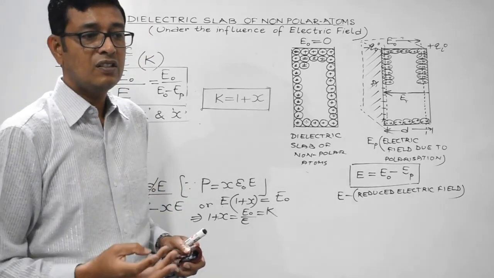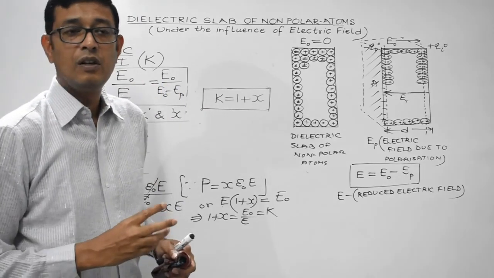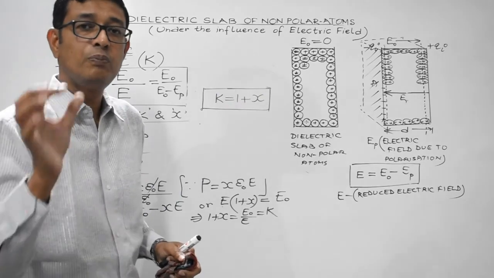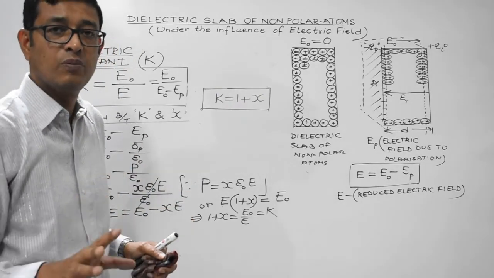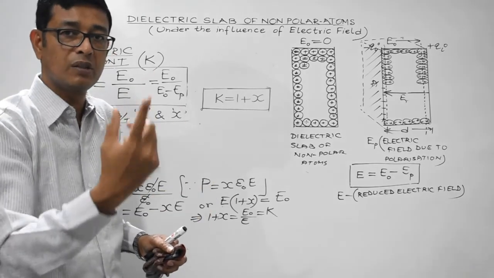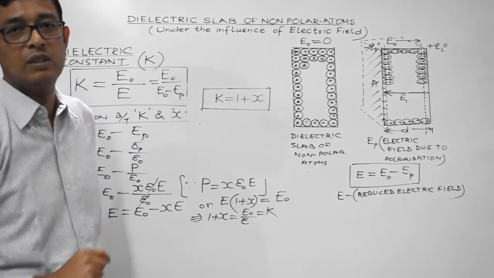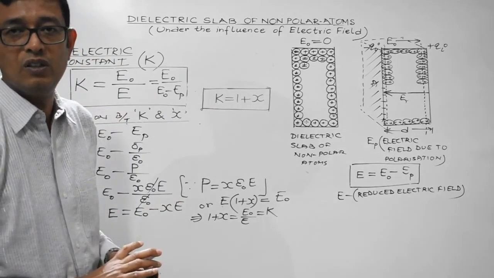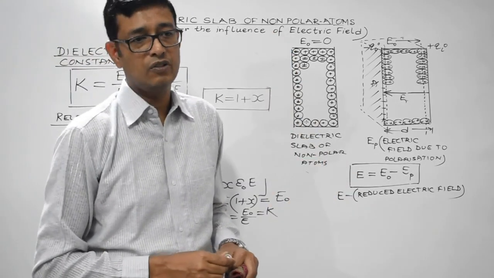Then we discussed electric susceptibility, atomic polarizability, and various expressions for polarization density. And eventually we discussed the relation between electric susceptibility and polarizability, and also between dielectric constant and electric susceptibility, along with their units and dimensional formula. So students, do thoroughly revise this topic and we'll continue in the next session.